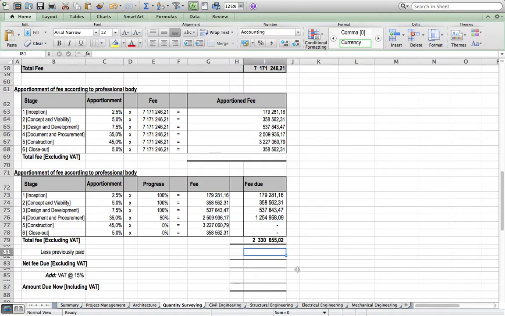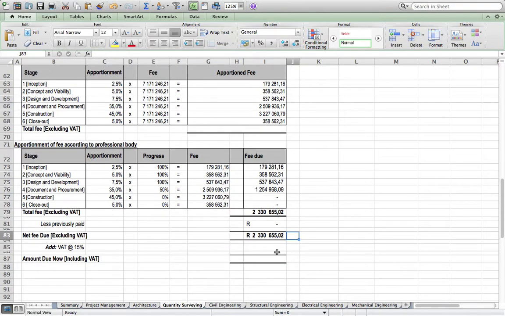Then now we need to deduct previous payments. If some money was paid previously, we have to deduct it, but in this scenario nothing was paid. It has to be cumulative, meaning this amount here now will be on the previous line on the next invoice. So this net due is this less this.